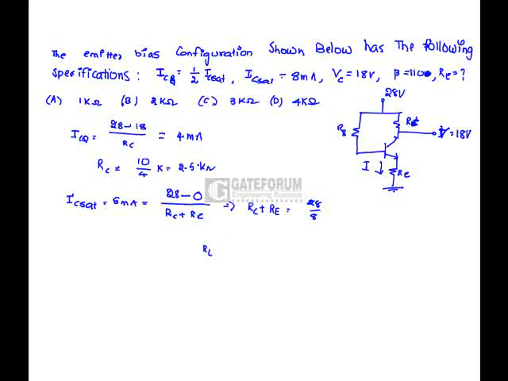Here RE is nothing but 28 by 8 kilo ohms minus 2.5 kilo ohms, which is nothing but 3.5k minus 2.5k, which is 1 kilo ohm. Hence option A is correct.